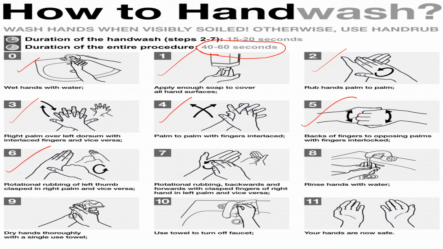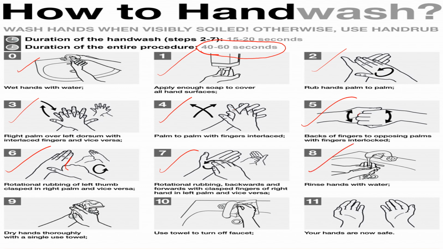And next, rotational rubbing of the left thumb over the right palm, and vice versa, so that the edge of the index finger and the thumb will be cleaned. And next, rotating and rubbing the fingers so that any germs or soil particles lodged in the nails and nail bed will be cleaned.